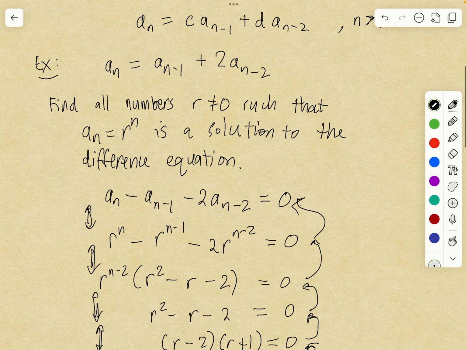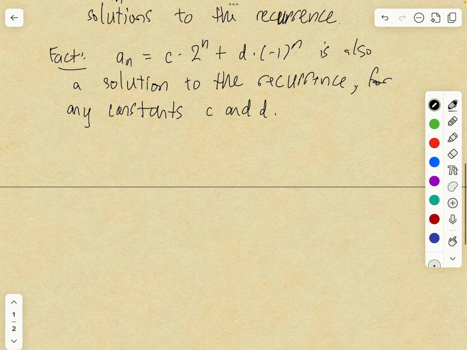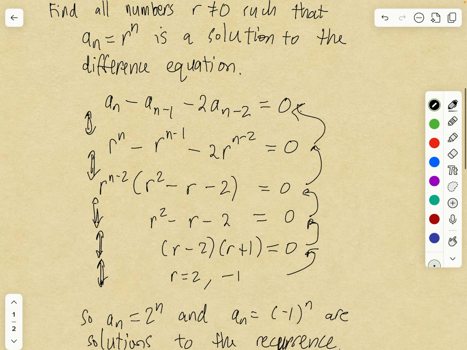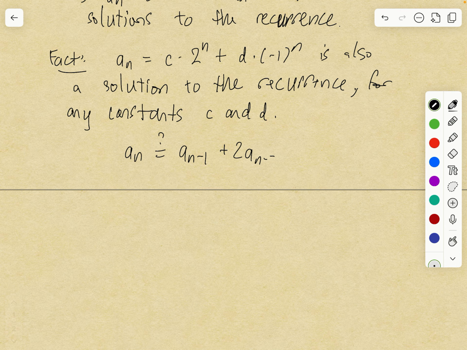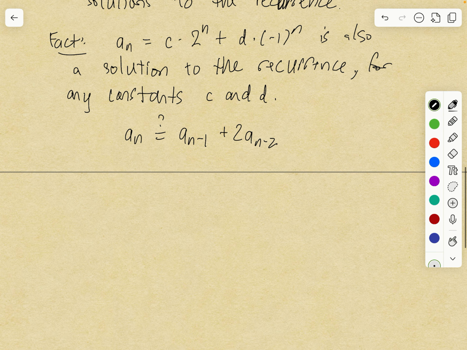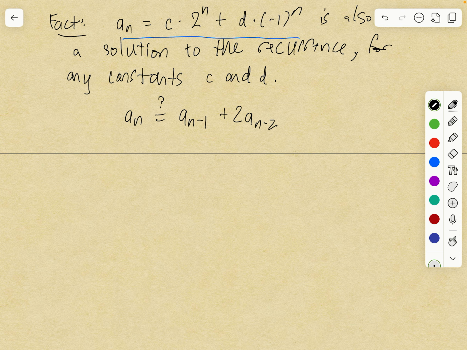Let's check that in this case. We need to check that a_n is equal to a_{n-1} plus 2 times a_{n-2} using this expression for a_n. To check that this is a solution to the recurrence, we need to plug it into the recurrence equation and check that it's true. The left side is just this expression, and we want to know if it's equal to the right side.